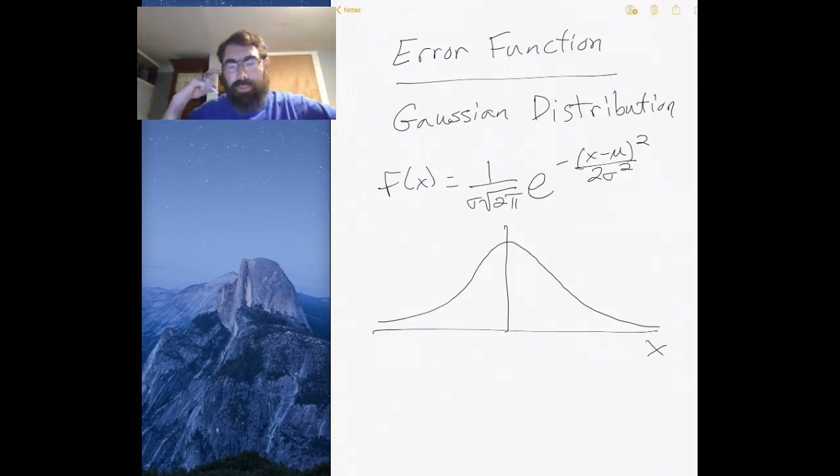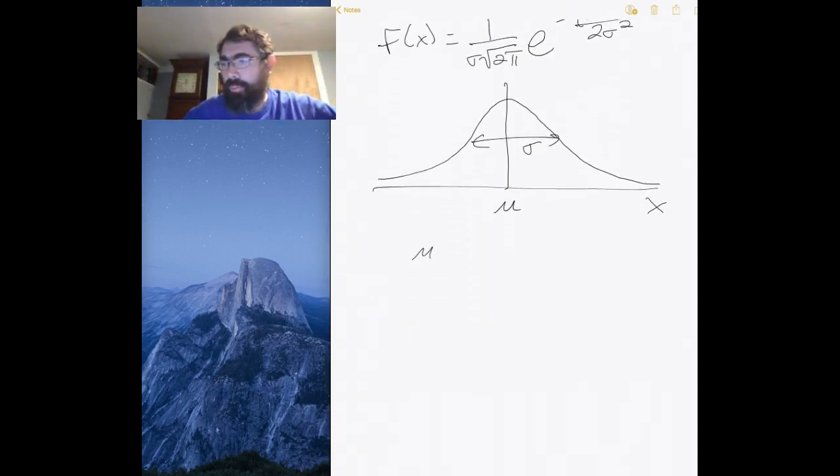Now these parameters, mu is called the mean, and sigma is called the width. So mu is the mean, or basically where the maximum value is in the distribution, and sigma is the width.